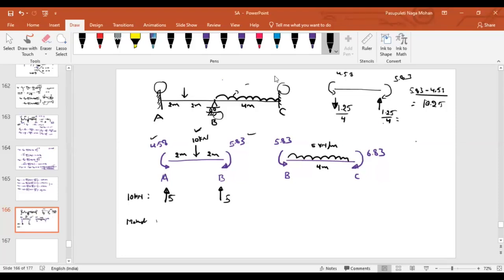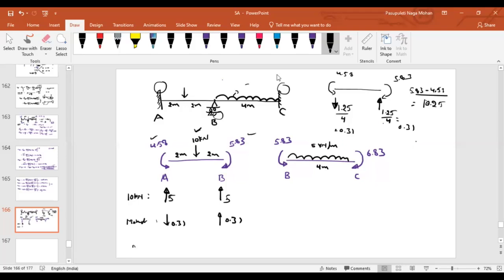So 1.25 divided by 4 is 0.312, so this is 0.31. Because of the moment, the reaction developed here is 0.31 downward, and here it is upward 0.31.